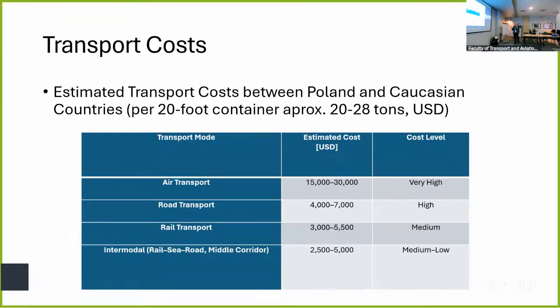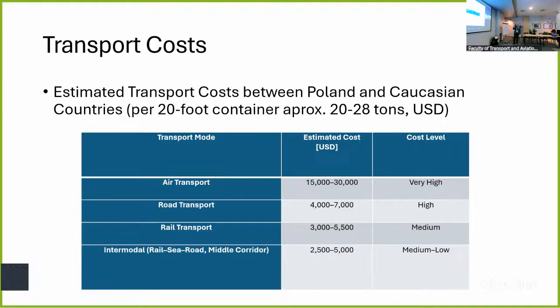Transport cost, because I mentioned transport cost, time, and environmental efficiency. By air transport, the cost is very high, the highest. The rail transport is medium, and intermodal, if we use rail, sea, road, it will be medium low.